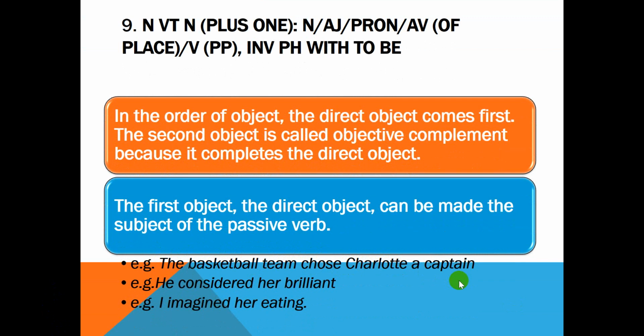So once again, in pattern 8 it is subject, transitive verb, indirect object, direct object. But in pattern 9, the function of the words is subject, transitive verb, direct object, and object complement.